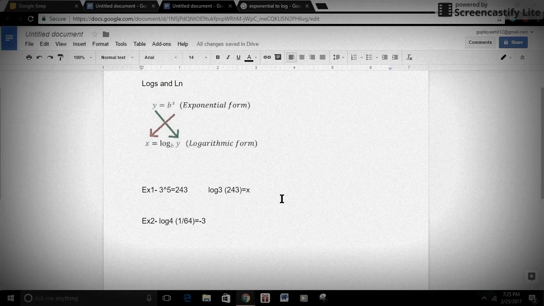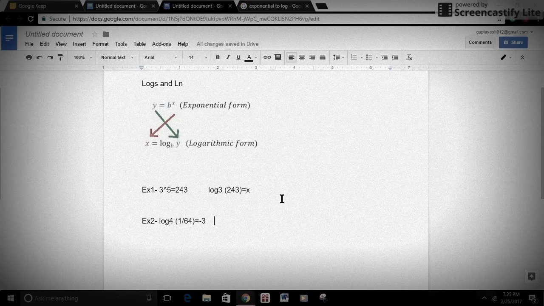So this would be, well, your negative 3 is going to be the base. So negative 3. Here, wait, I feel like I messed up somehow. Oh, yes I did, my bad. That's your exponent. See, you always have to keep that in mind, that your base is what your first number would be.